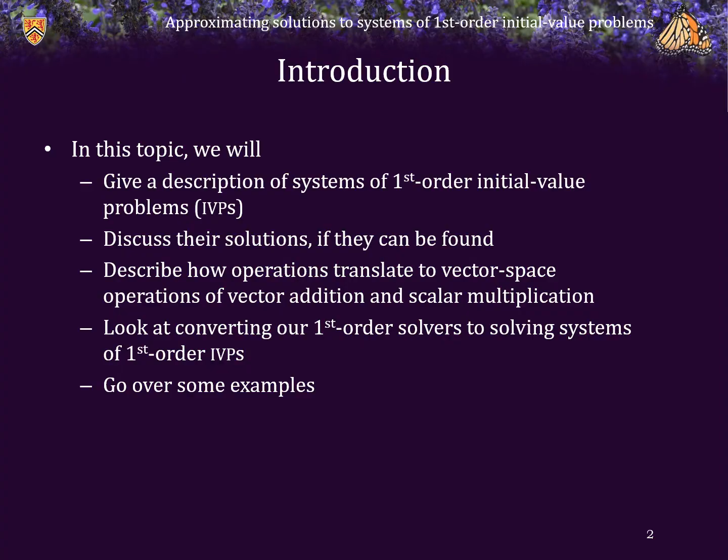So in this topic we will give a description of systems of first-order initial value problems. We'll discuss their solutions if they can be found. We'll describe how operations that we used to approximate a solution to a first-order initial value problem can be translated into vector space operations of vector addition and scalar multiplication to approximate solutions to systems of first-order initial value problems.